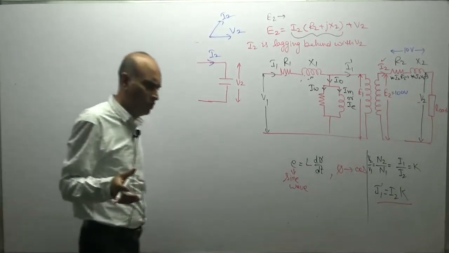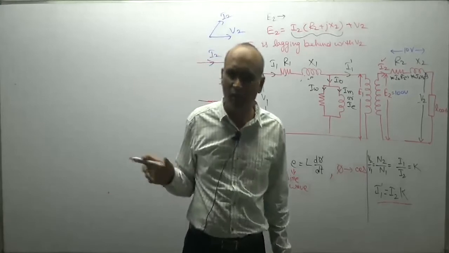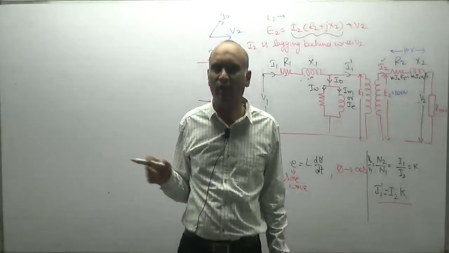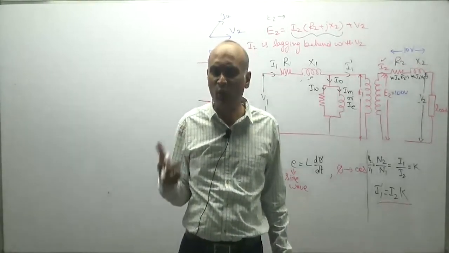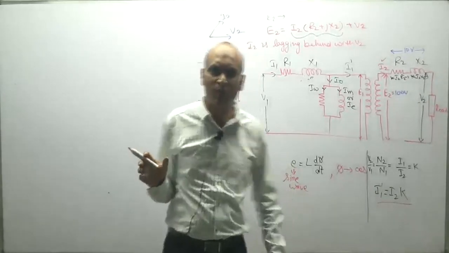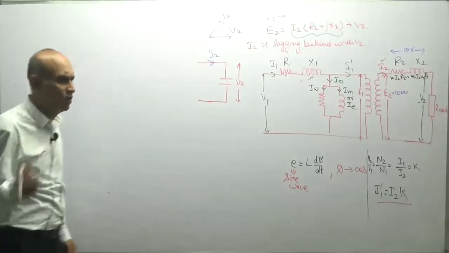In the textbook, you will find that there is an equivalent circuit, but we will discuss the equivalent circuit later on. First, I am discussing the voltage regulation and all.